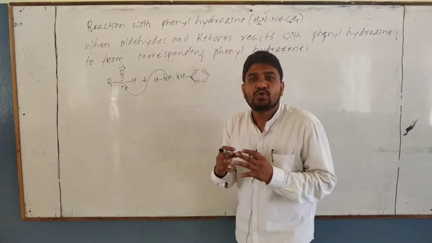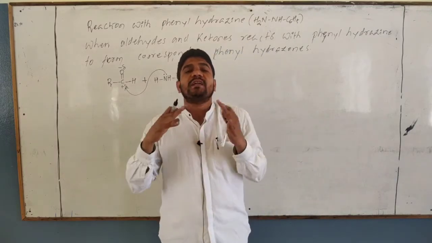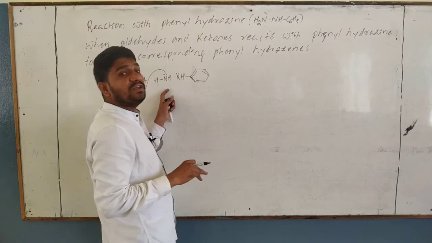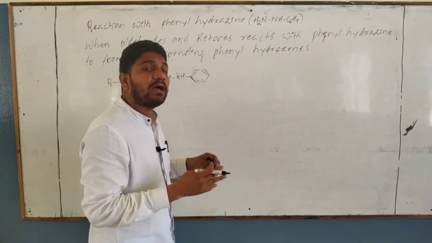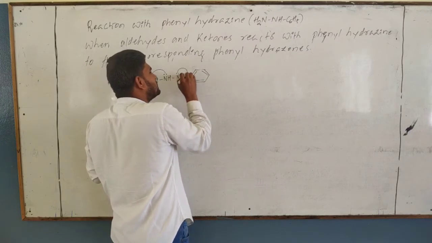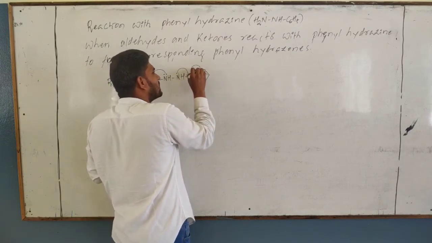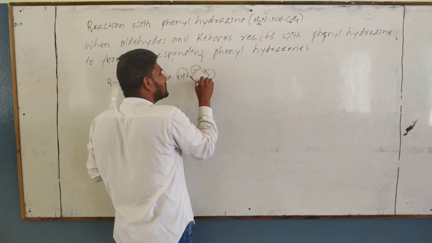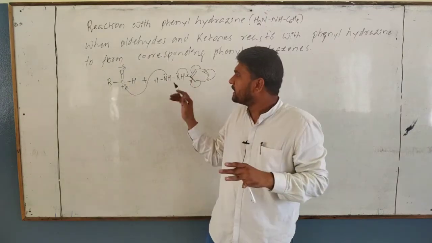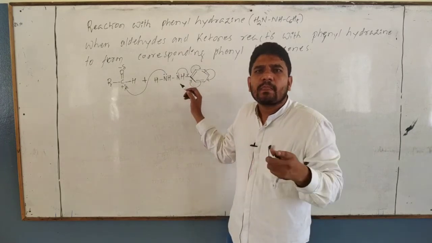Why? Because those lone pair of electrons are not available for the attack. These are available easily for the attack. Sir, why are they not available? Listen, these electrons are involved in delocalization with the pi electrons of the benzene ring. This is how these lone pair of electrons are not available for the attack.